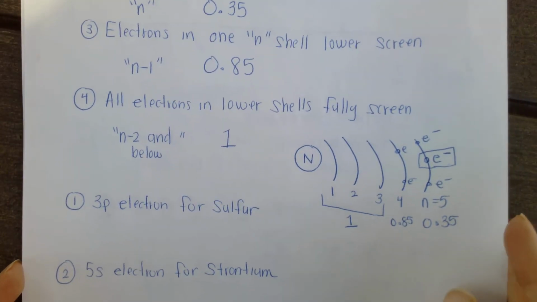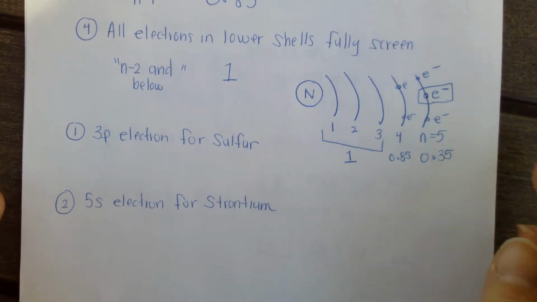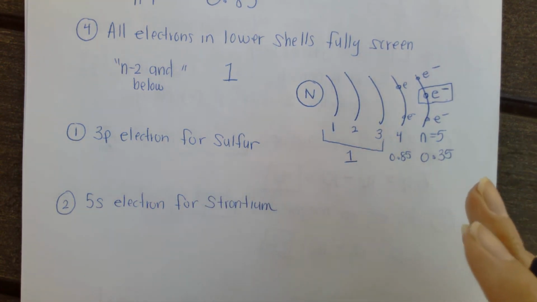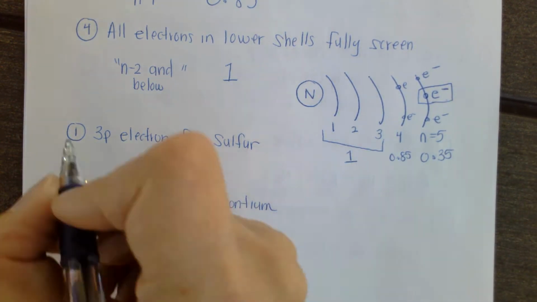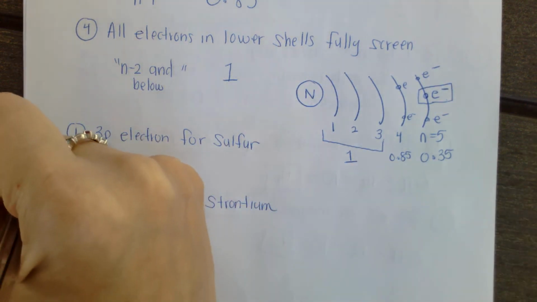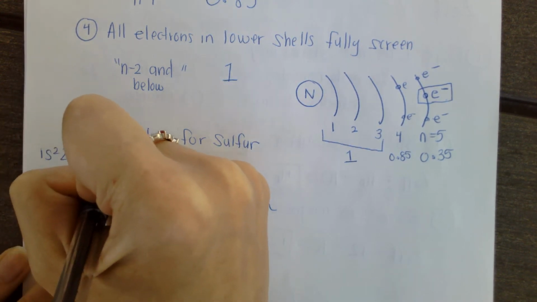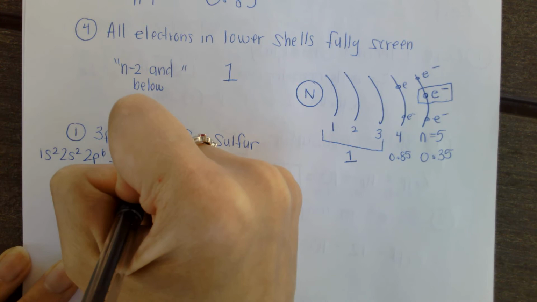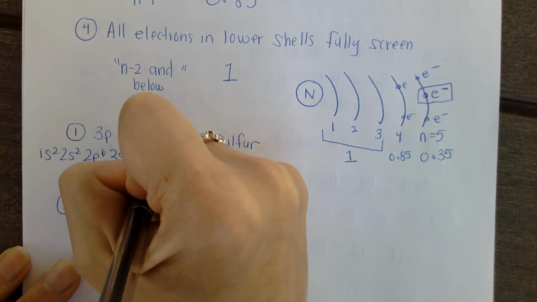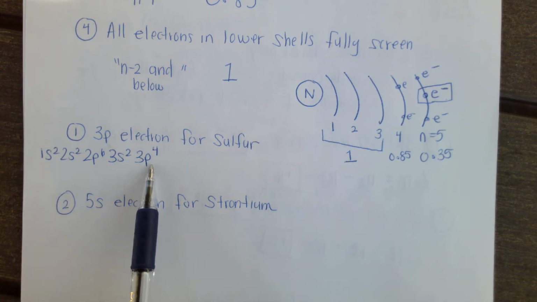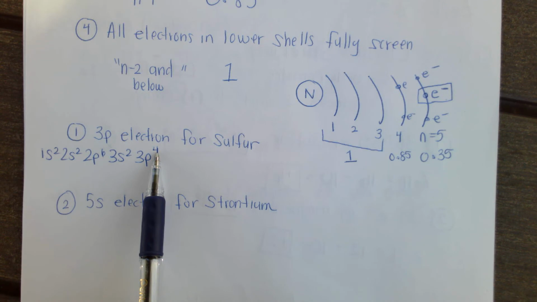Okay, so let's recalculate what we have for sulfur. Our electron configuration for sulfur was 1s2, 2s2, 2p6, 3s2, and 3p4. So again, we have our 3p electron, so it's one of these.